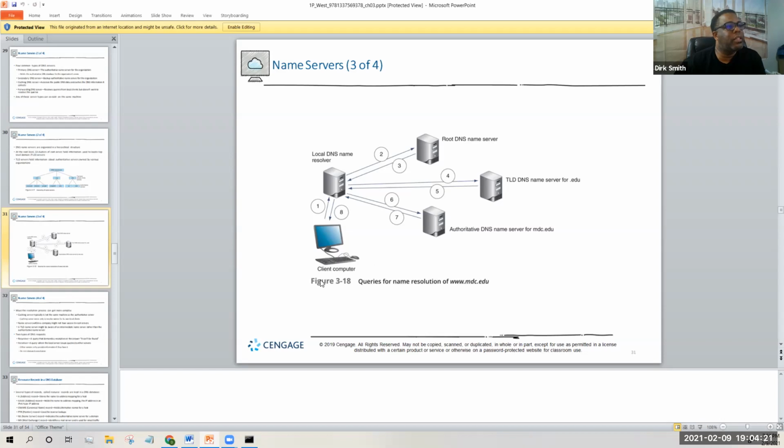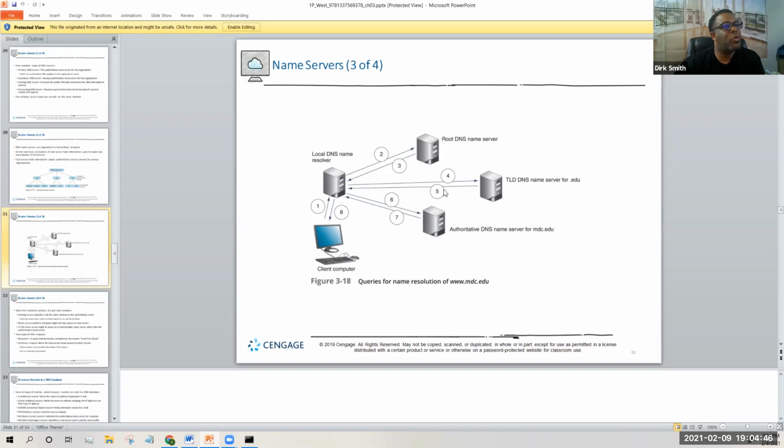If you look at this whole thing, you have your local client computer and the local DNS server. Say we're going to www.mdc.edu, an educational website. The request goes out from the DNS server to the root domain name server, which does some information exchange, resolves it, and sends it back.